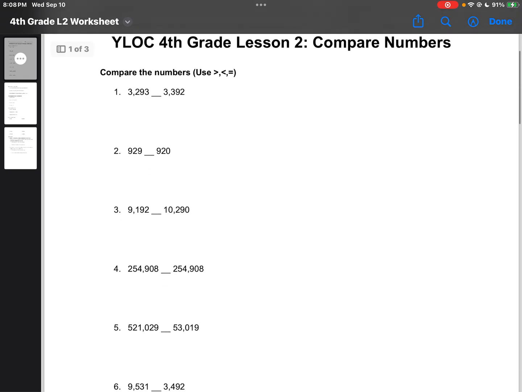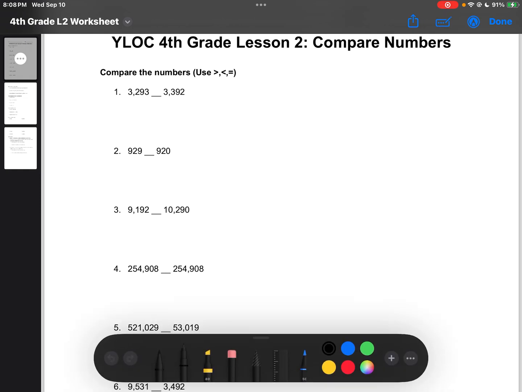So let's get started. First we're going to be learning to compare numbers. For number 1, it says 3,293 and 3,392. Over here, the first digit is the same, which is the thousands place.